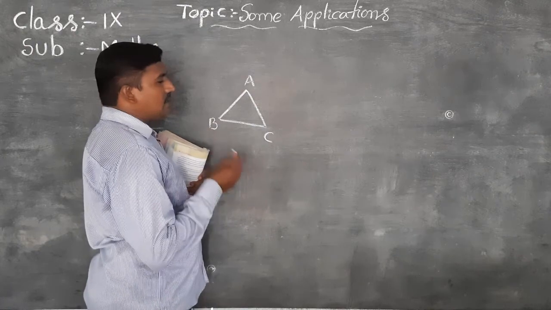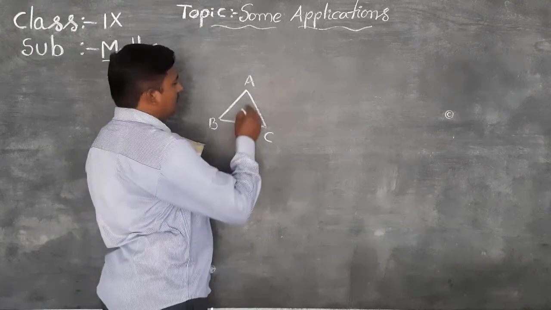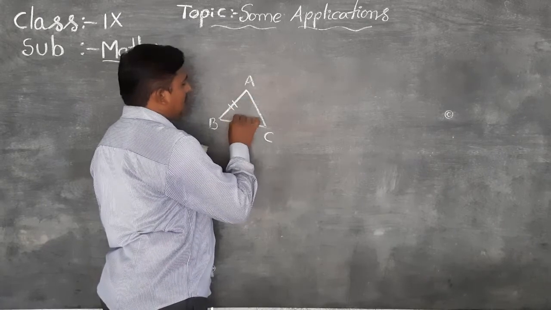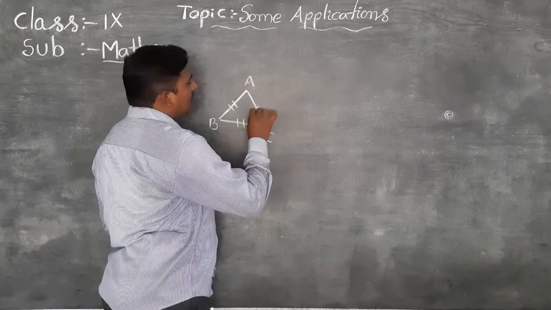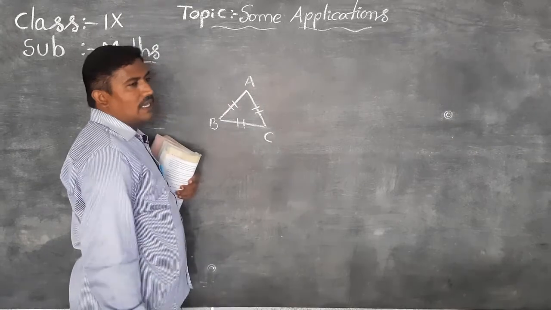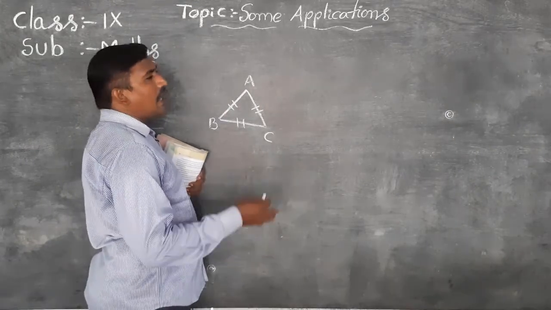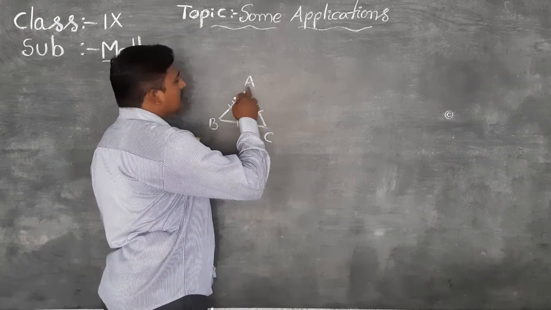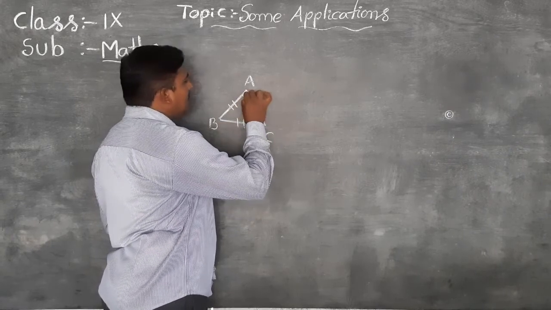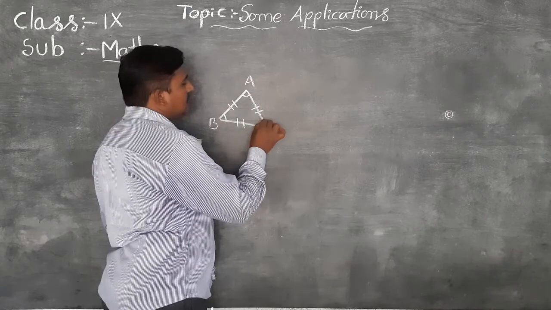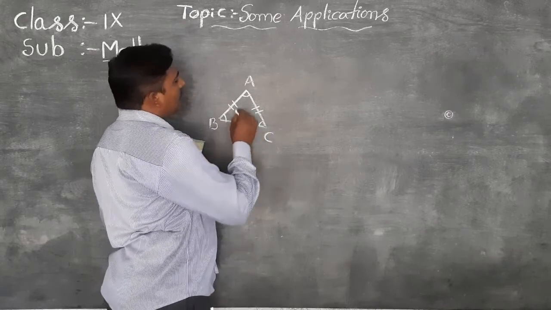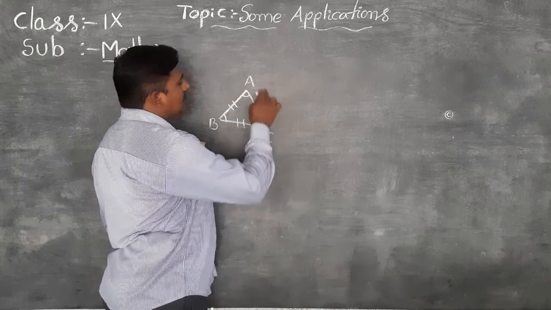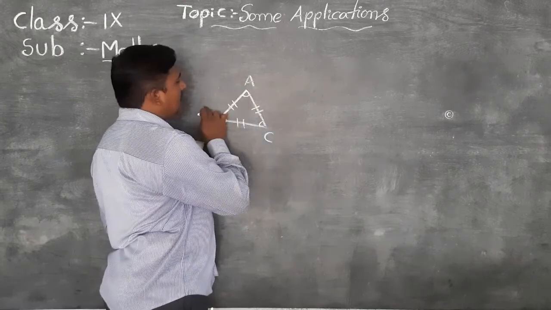What is the proof? A very easy way: maybe this is an equilateral triangle. Equilateral triangle means all sides are equal and all angles are also equal. So here AB is equal to BC, BC is equal to CA, CA is equal to AB.